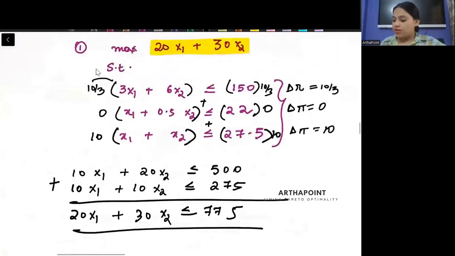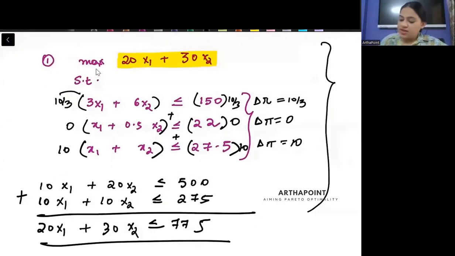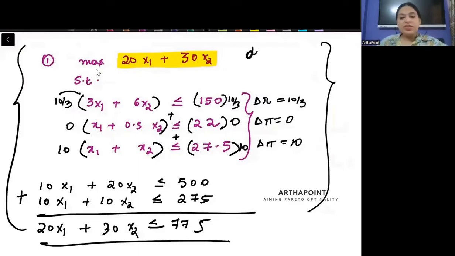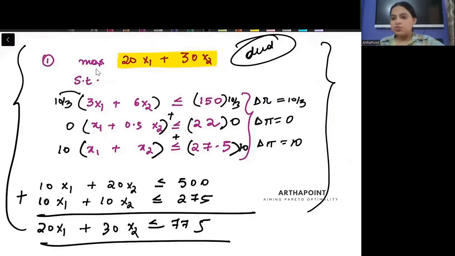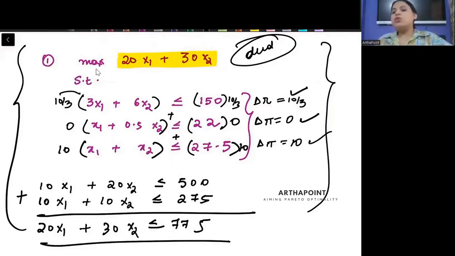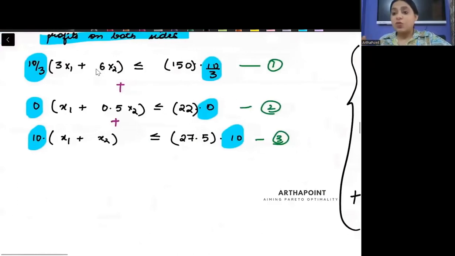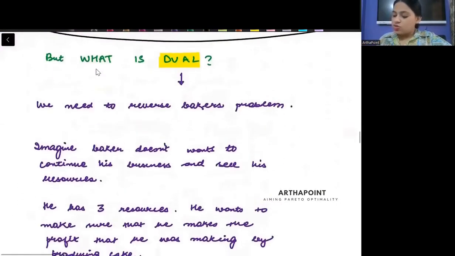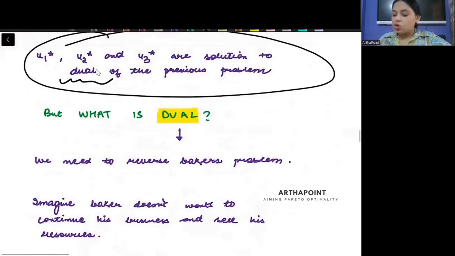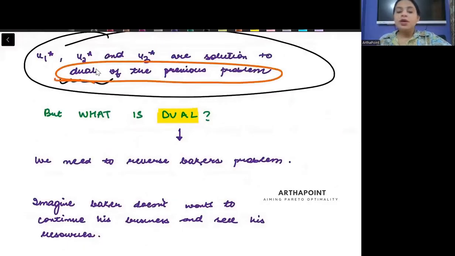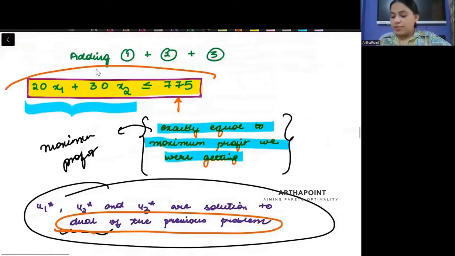Meaning, the problem we created, if I create its dual, slowly we will see beta what a dual is, but if I go ahead and create a dual to this problem, whatever dual would be created, the solution to the dual of the problem will be these U1 star, U2 star and U3 star that I have just found out. So U1 star, U2 star, U3 star are called the solution to the dual of the problem. You see, we are coming up to the same result.